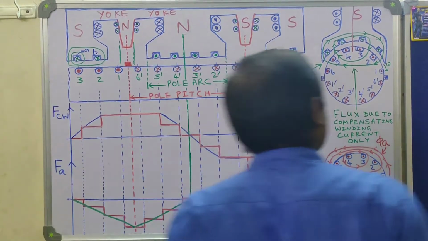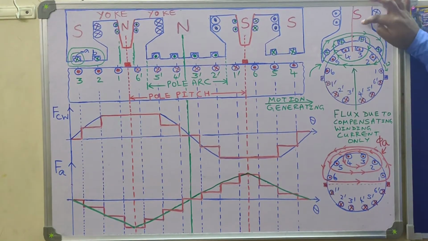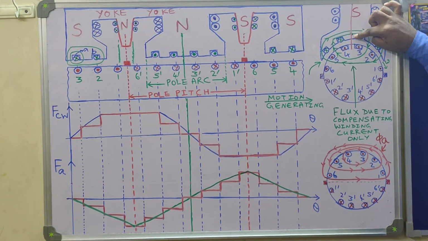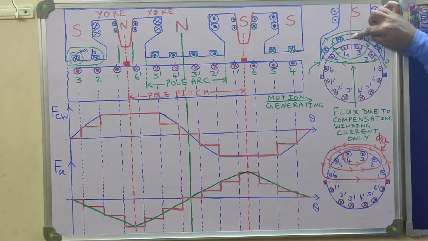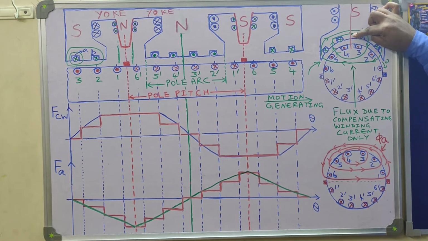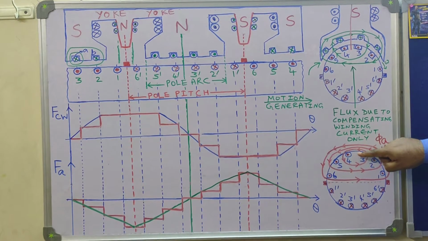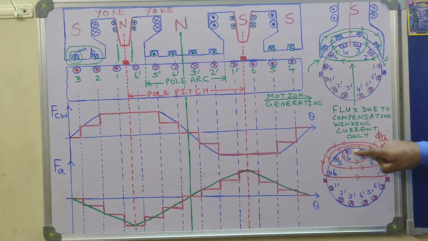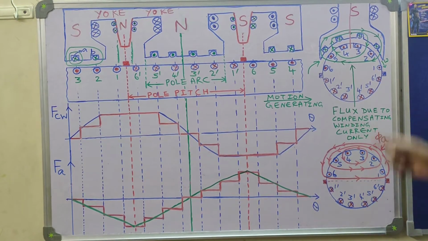So you see here, this particular pole face of the south pole, this happens to be the center line or the center of the pole face. Through the center of the pole face, neither the compensating winding flux is leaving or entering, nor is the armature flux either leaving or entering the armature core. On both counts you can compare and observe it.